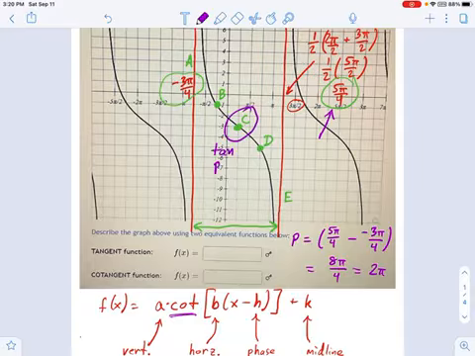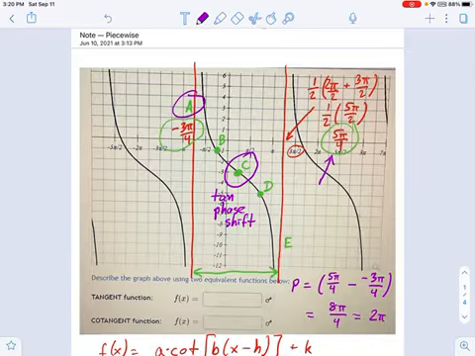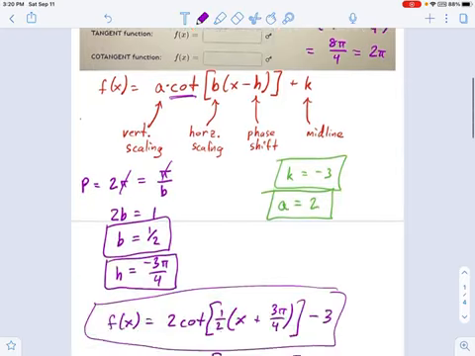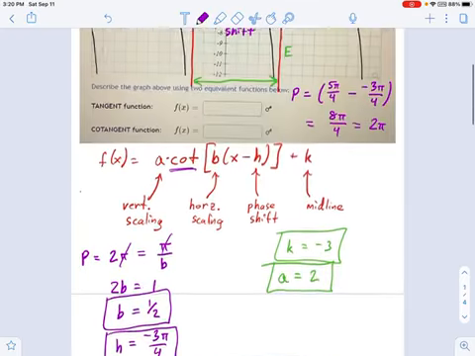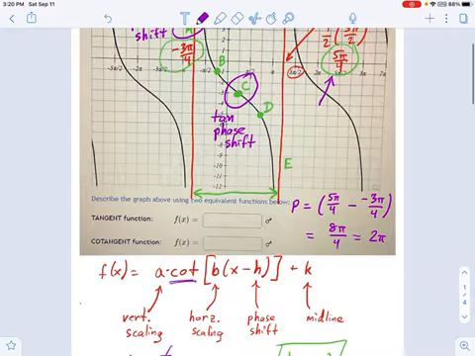Tangent phase shift. That is the middle point, whereas the cotangent phase shift is over here, the left side. Cotangent phase shift. Of course, any asymptote would do for cotangent, but I usually pick the left one. So what's the midpoint? Did we ever talk about that one?